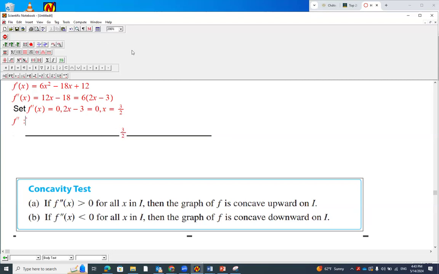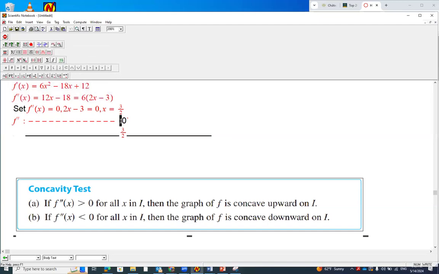You're going to get a negative sign. The second derivative is going to be negative. At 3/2, the second derivative is going to be 0. And if you pick a number larger than 3/2, say 2 or 5, your second derivative is going to be positive.